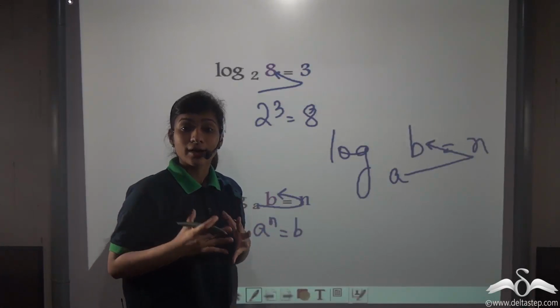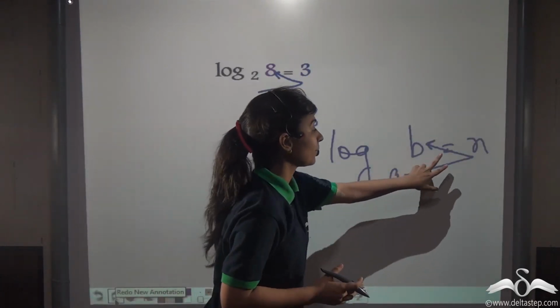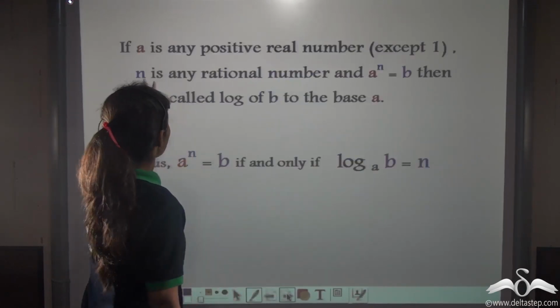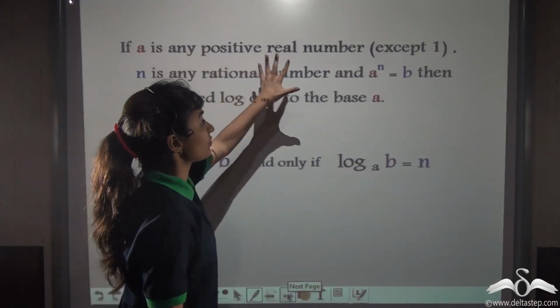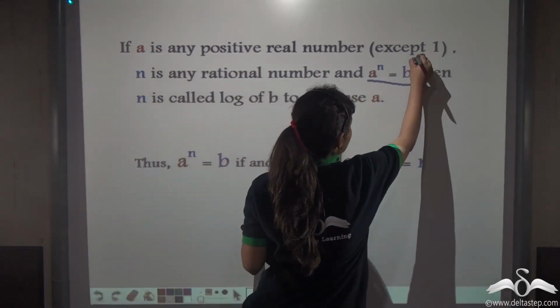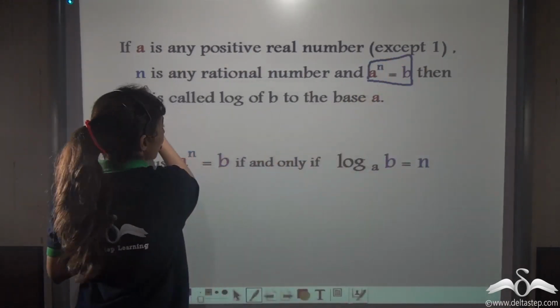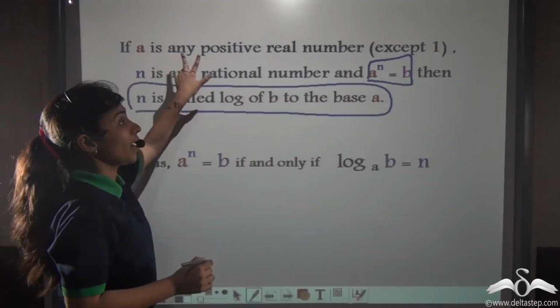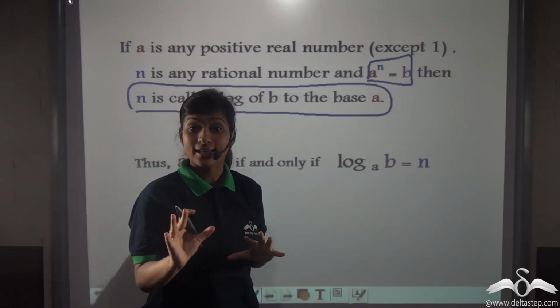Now there are some conditions for a, b and n. Well, what are those conditions? Well, if a is any positive real number, so if I say that a to the power n is equal to b and n is called the log of b to the base a, then actually a should be any positive real number except 1.